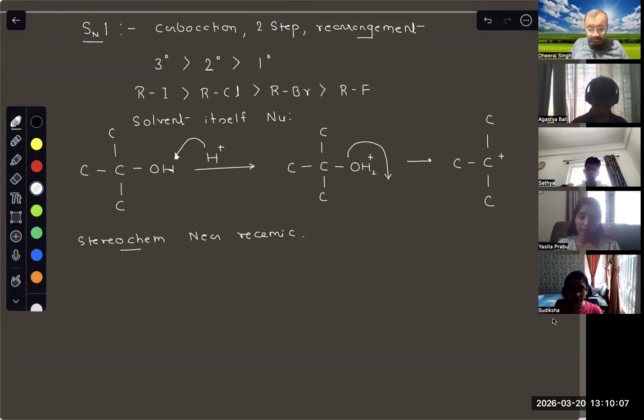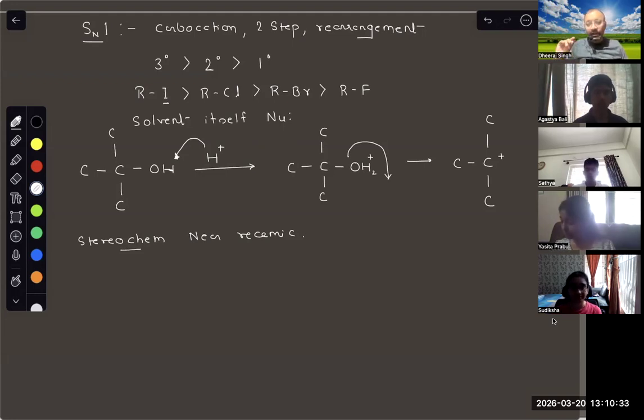Because when this I minus is about to leave, it is very near to the R, and in that process the nucleophile attacks. The nucleophile doesn't want to be near the negative charge, I minus, Cl minus, so it tries to attack from behind initially. And once I minus leaves, then it can attack both ways.